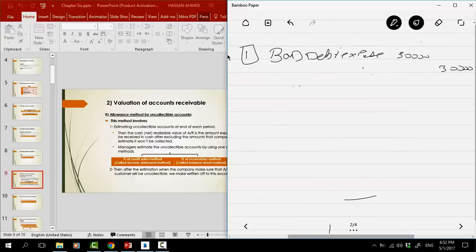Because it's still an expectation or estimation. This means that the accounts receivable is still due from customers, so I just expect that $30,000 might not be collected. Then the $30,000 will be recorded as an allowance for doubtful accounts.